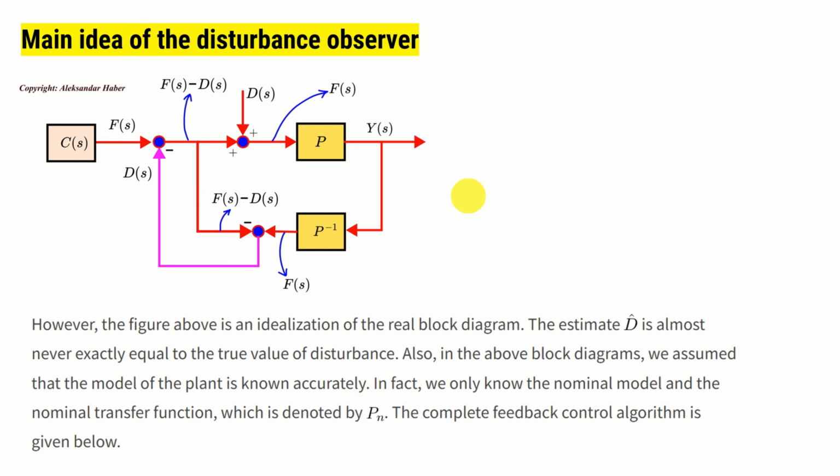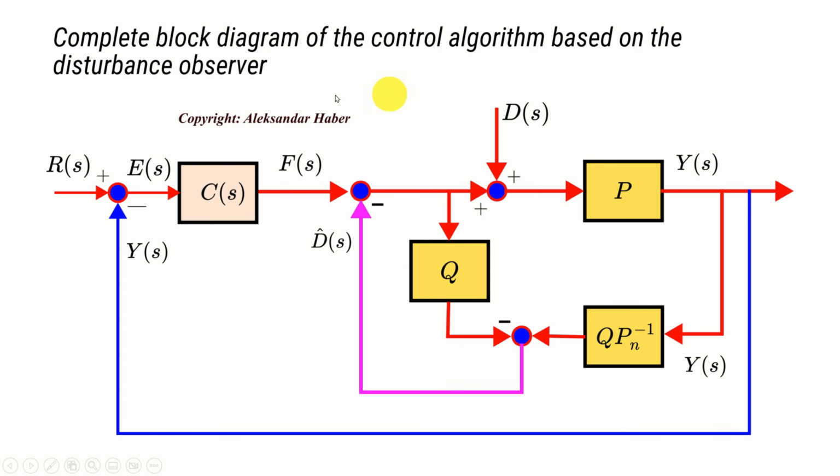A more realistic block diagram of the disturbance observer is shown over here. Let's explain the difference with respect to the previous block diagram. Here, you can see the complete feedback loop. And over here is the structure of the disturbance observer. First of all, instead of P inverse over here, we have Pn inverse.